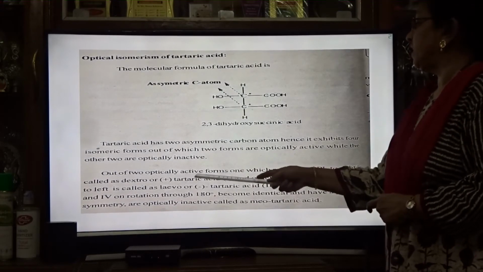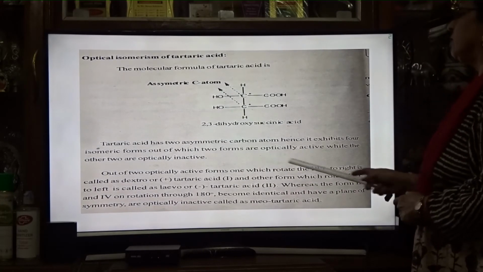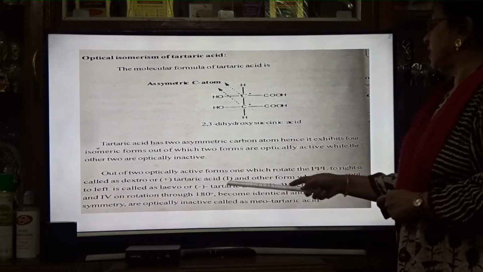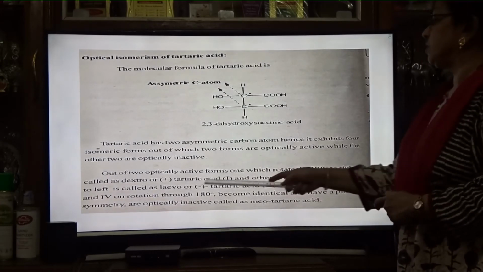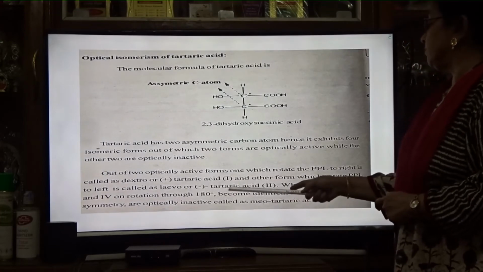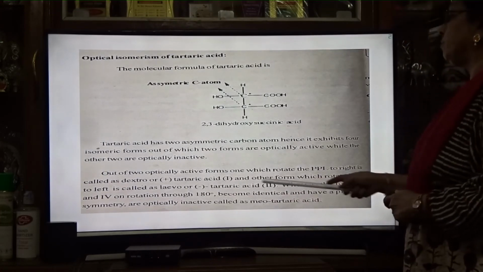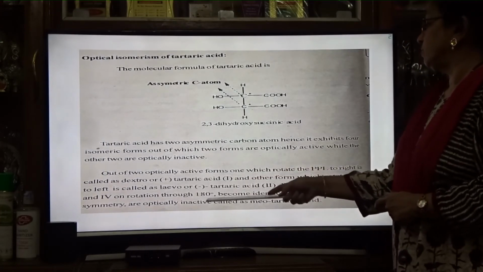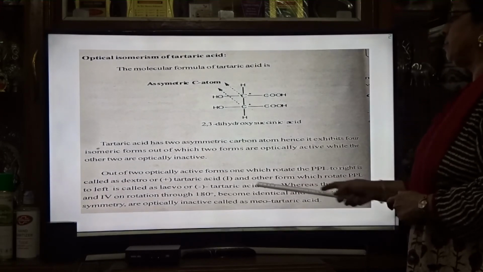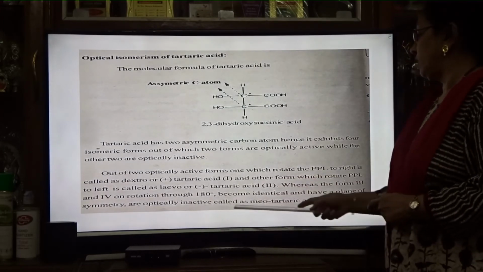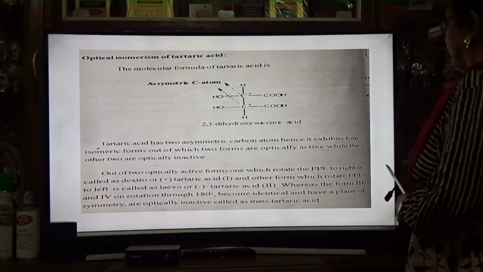Of the two optically active forms, the one which rotates the PPL to the right is called dextrorotatory tartaric acid, and the other form which rotates the PPL to the left is known as levorotatory or minus tartaric acid, whereas the form which on rotation through 180 degrees becomes identical and has a plane of symmetry is optically inactive, called mesotartaric acid.